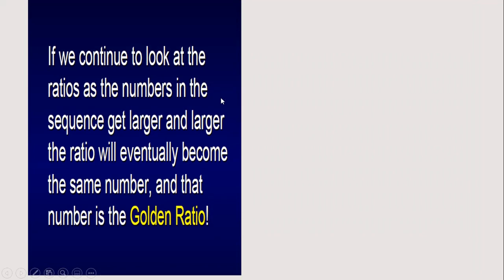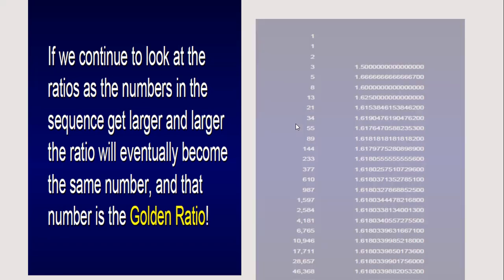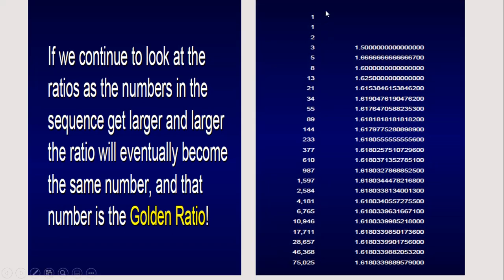Okay, if we continue to look at the ratios as the numbers in the sequence get larger and larger, the ratio will eventually become the same number, and that number now is the golden ratio. So look at this. As you get the ratio of the numbers, you'll see that the ratio eventually becomes the same number.